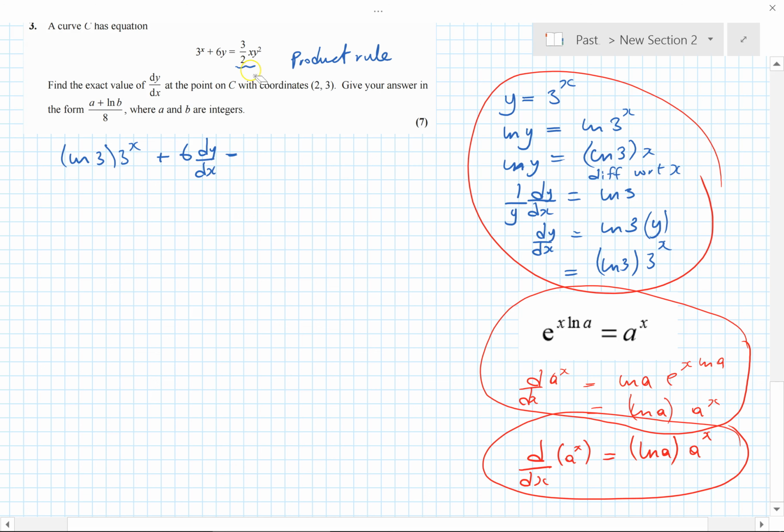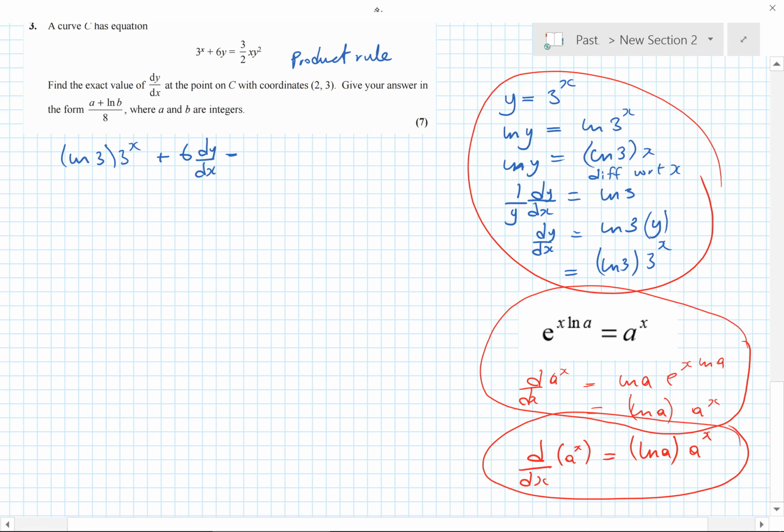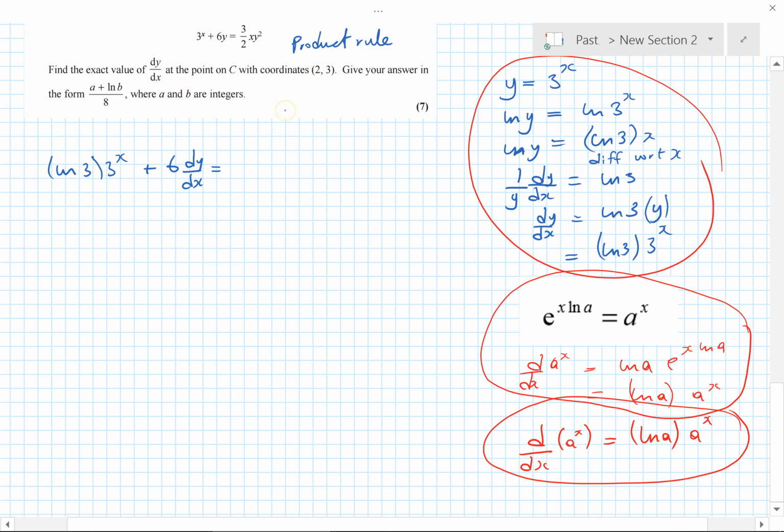Now, you might not necessarily see me write it out if I was to do it, or I might just allow a bit of space for those who need it. So we let u equal to 3 over 2 x and v equal to y squared, and then you've got du by dx is 3 over 2, and dv by dx, you've got to be careful here because you're differentiating with respect to y, so that's 2y dy by dx.